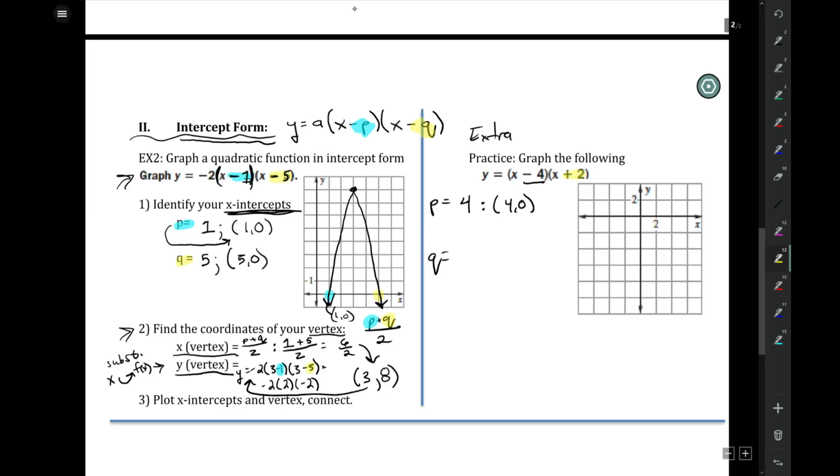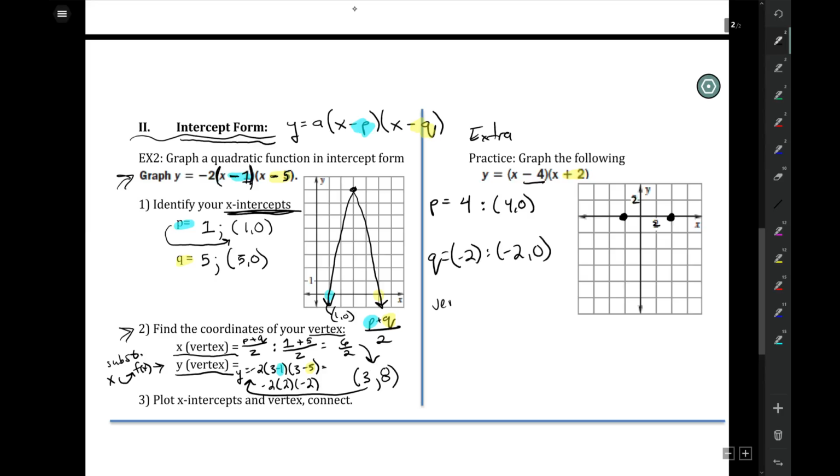It looks like +2, but really it's going to be -2. So again, if it's in parentheses, you need to think opposite. So there are our two points, over 4 and -2. Now be careful with this scale here. They tried to make it more challenging.